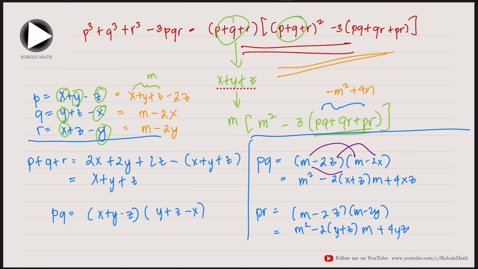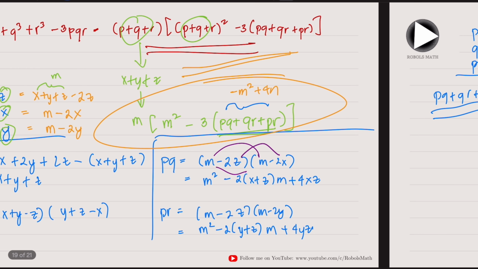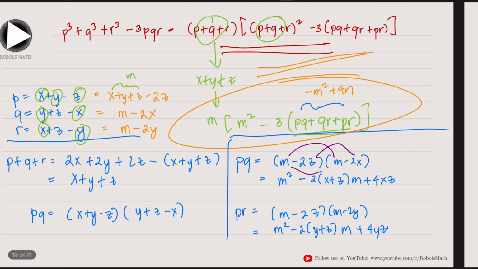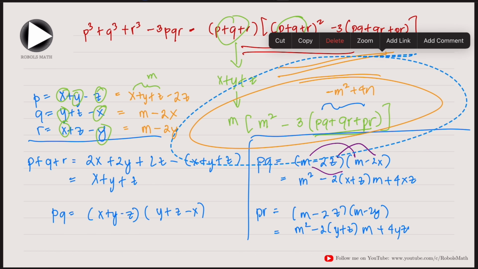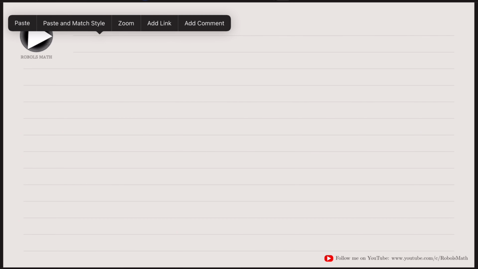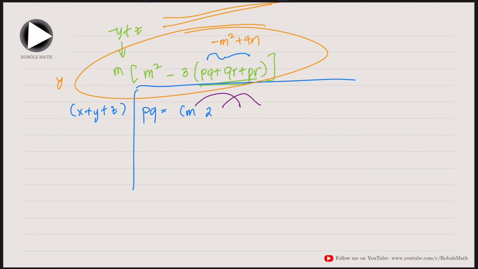Therefore, the expression we're looking for is this thing here, which I will just rewrite in another page. I'll just copy this one for now and then put it on another page. So we have here this expression. It's getting messy, but I'll put it here. m times m squared minus 3 times negative m squared plus 4n.